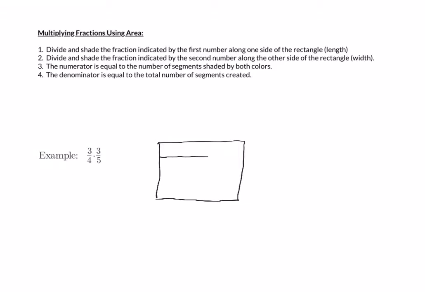I want to remember that the bottom number tells you how many segments in the whole rectangle. This is going to be 4. 3/4, I'm going to shade 3 of them. So on this side we have 3/4.